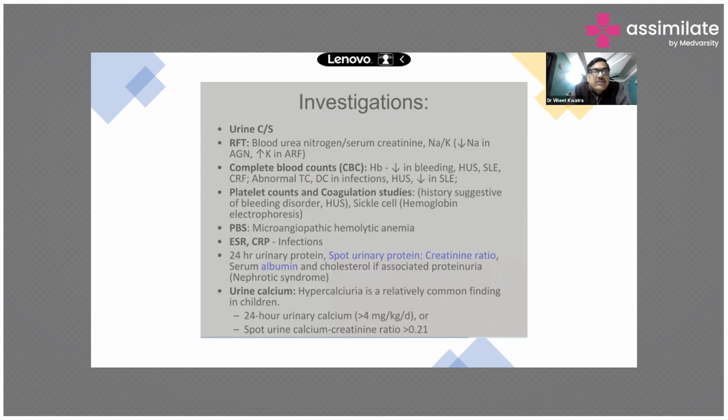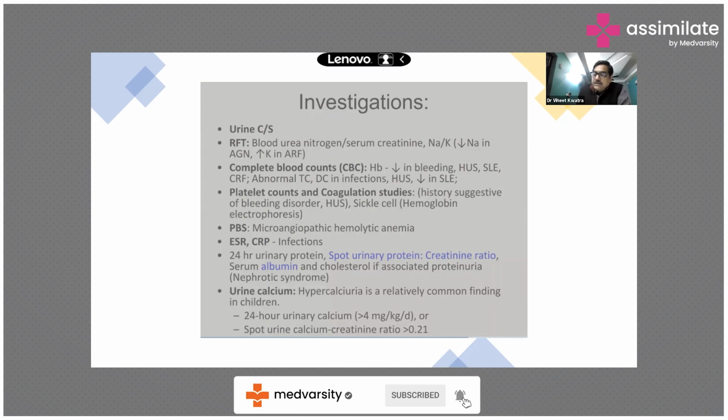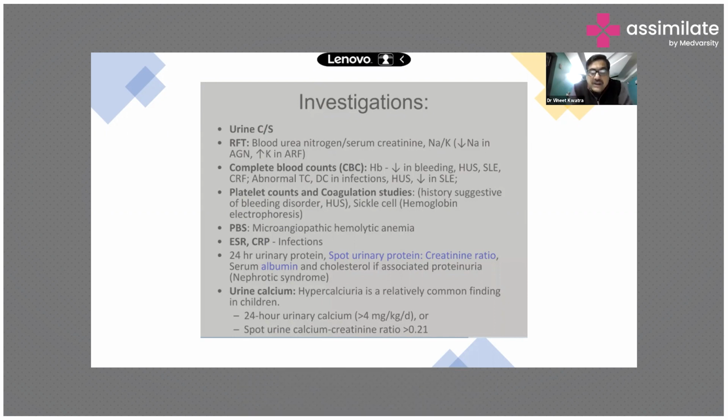Platelet counts and coagulation studies, I've already told you. ESR and CRPs: if the ESR is very high and CRP is persistently very high even after the antibiotics, then think about any autoimmune diseases and try to rule out those things. And like we told you, go with the complement levels, ANA, dsDNA, and go ahead with further investigations.